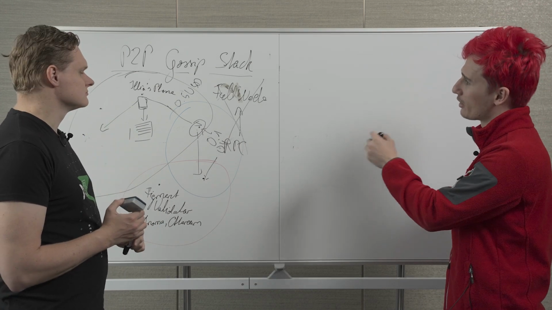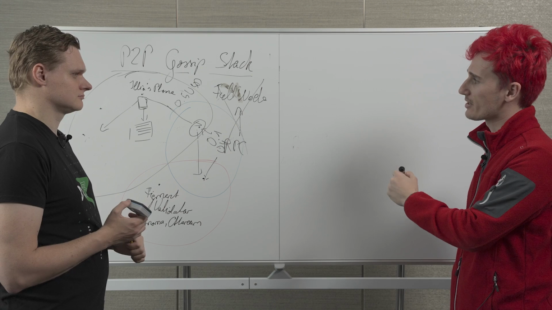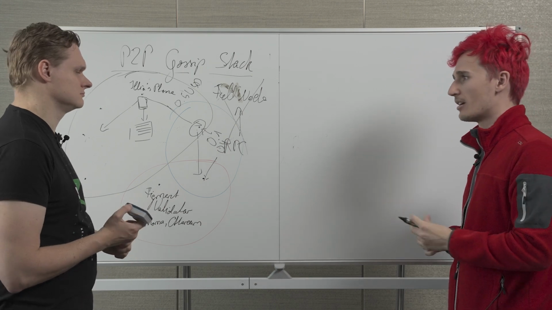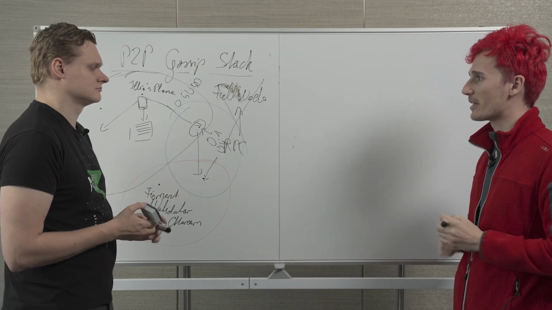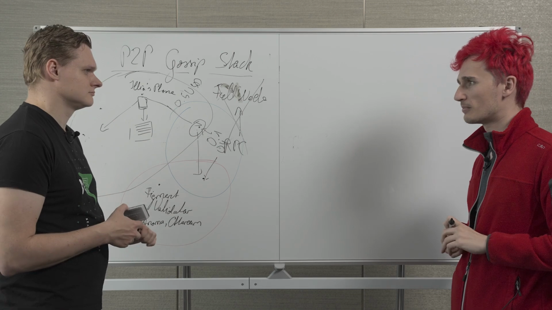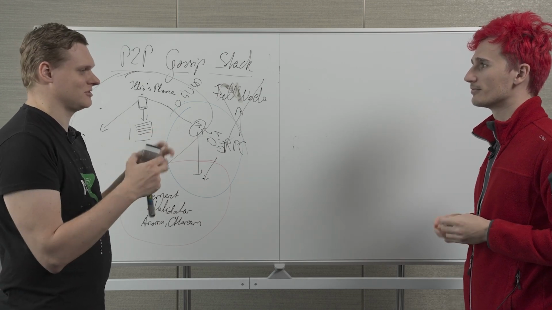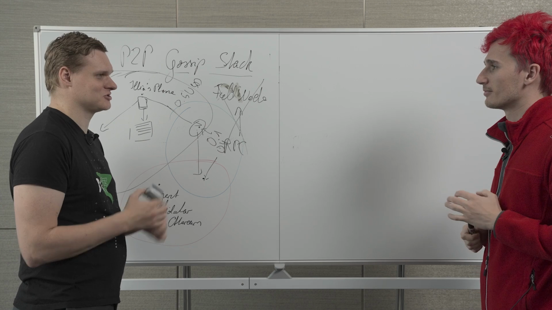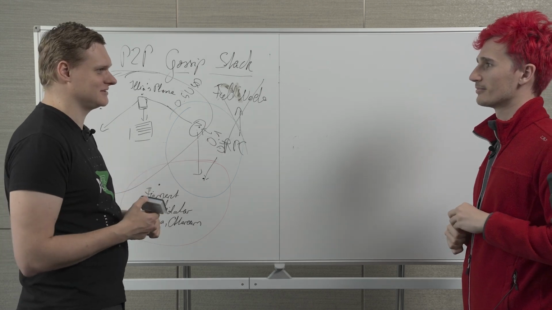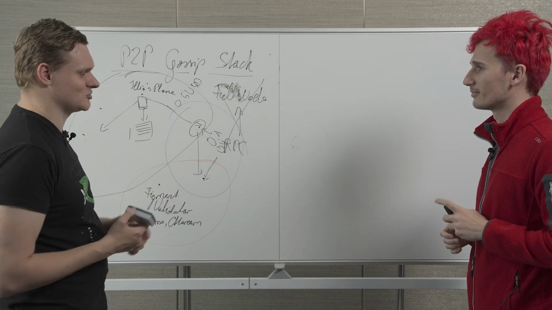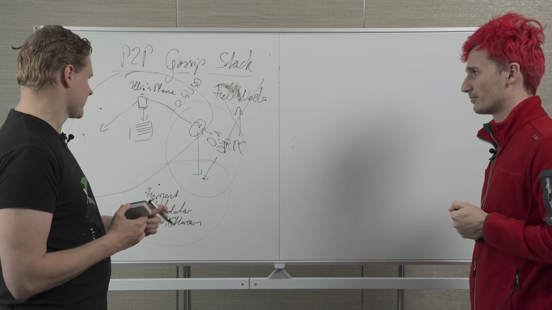And the Anoma intent machine is very similar to this. It's just an interface. It's not an intermediary in the system that is capable of extracting rent. Yeah, it's pretty much like if you define this message in this format, you can send it, and then somebody will try to solve it. Yeah. Okay.